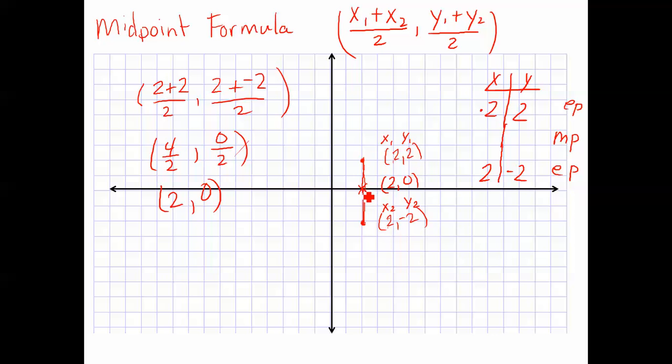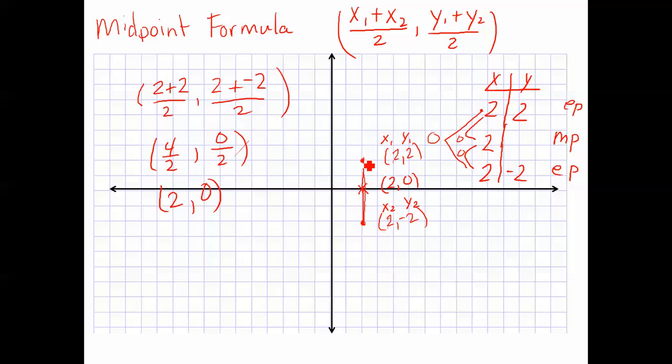So to get from 2 on my x-axis up here to 2 on my x-axis up here, along the x's I didn't change at all. I moved 0. So if I move 0 to go all the way from endpoint to endpoint, then I must move 0 also to go from endpoint to my midpoint and endpoint to my midpoint. So my x value is not going to change.